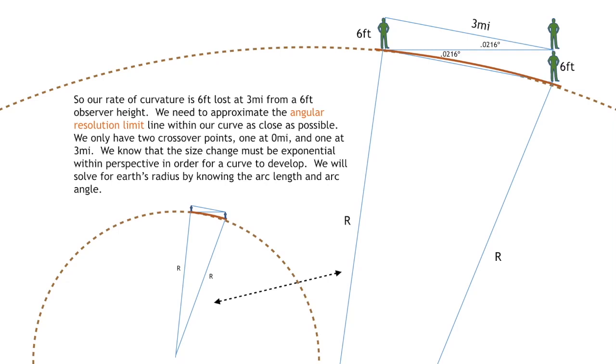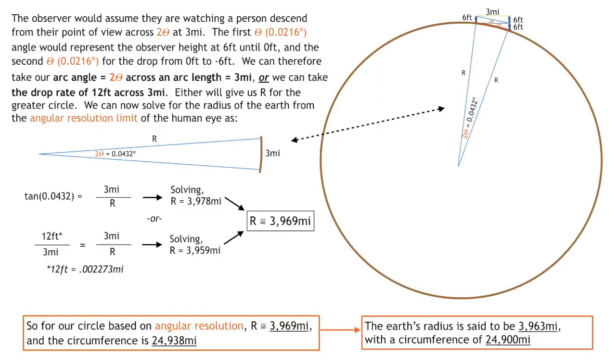You can see here we've just taken our 2 triangles, placed them against a curve for a person walking over at that rate of 6-foot loss over 3 miles, and we have then extrapolated it along a greater circle. So the observer would assume they are watching a person descend from their point of view across 2 theta at 3 miles.